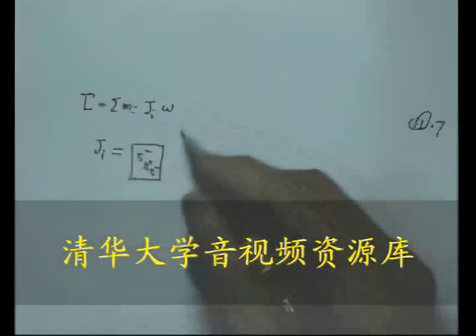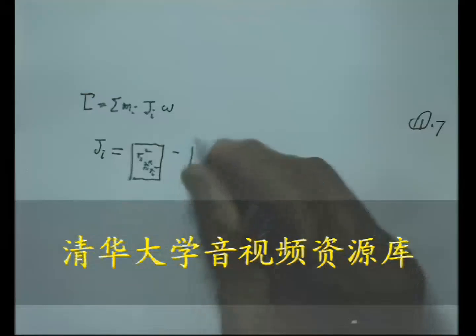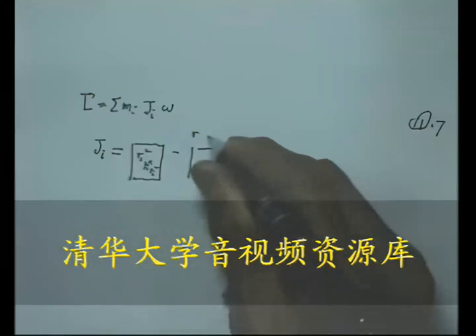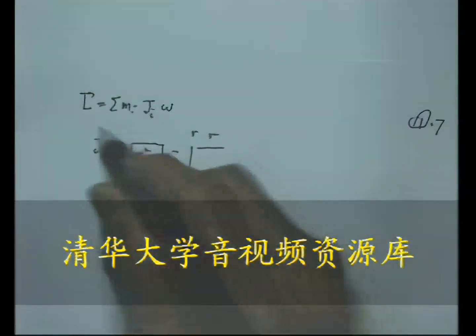That's the first part, minus R, which is also a matrix. Does everybody agree with this?